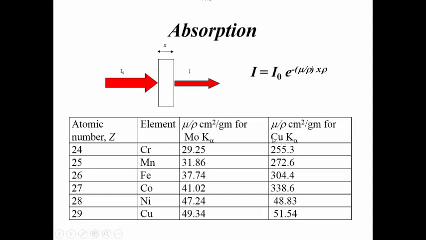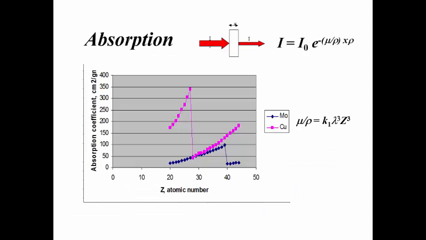And for copper K alpha radiation going through a material of atomic number 24, 25, etc., notice we have an increase here, and then we have a drop off here, and that's a very important concept, which we'll see in the next slide. This is the absorption edge, and here is the case of copper.